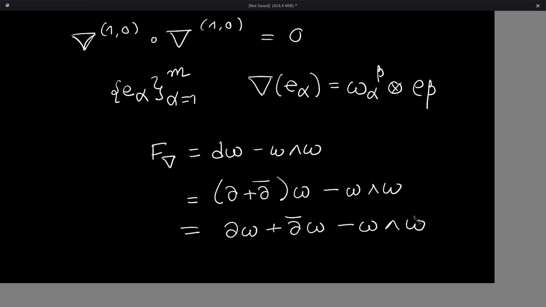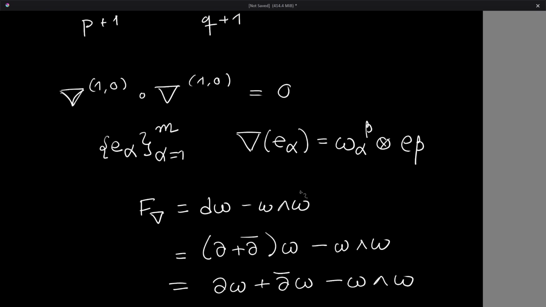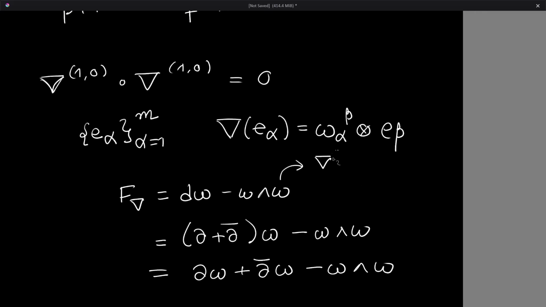And so if we think about right now, this is where it becomes important that omega is a 1-0 form, right? Because we're on a specific kind of manifold, or a specific kind of local frame field, this is the canonical Dolbeault operator, and we have that the frame is holomorphic.